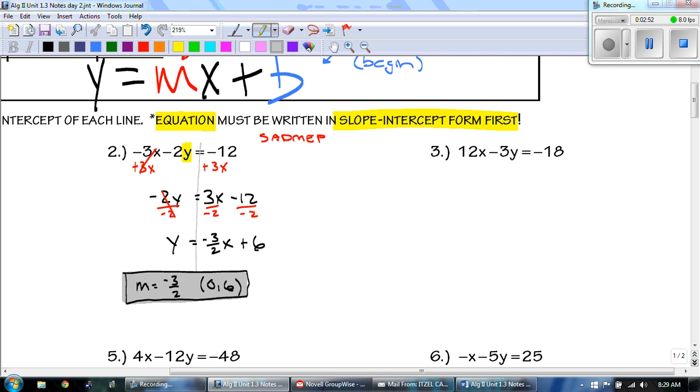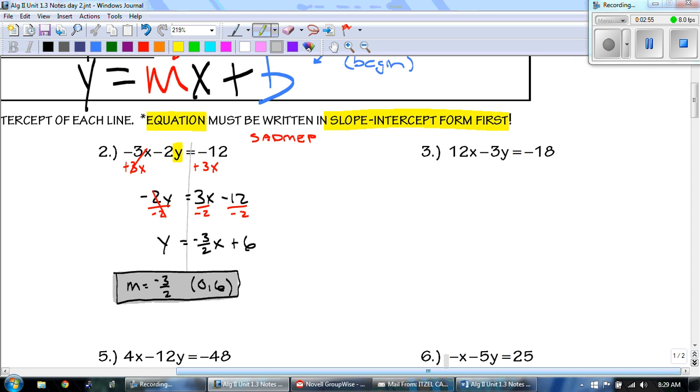Okay, so the first thing we have to do is we need to solve for y. Get the y by itself. That's a +12x, so to get it to the other side, I would subtract 12x. We have -3y equals -12x minus 18. And that y is still not by itself. So I have to divide by -3.